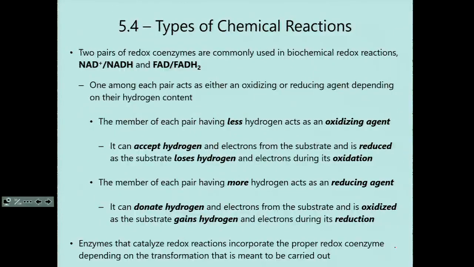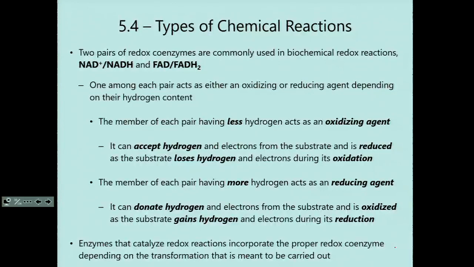So when we're looking at biological systems, and we're going to expand on this when we start looking at chemical transformations in biochemistry, there are two primary pairs of redox coenzymes. They have to exist as a pair because the coenzyme can transform itself and be in what we call the oxidized state versus the reduced state, depending on the state of the reaction being carried out.